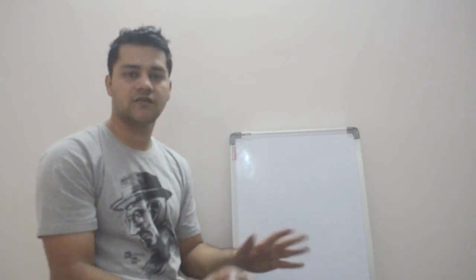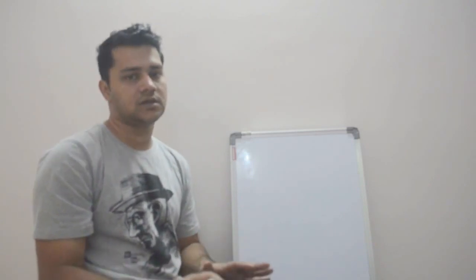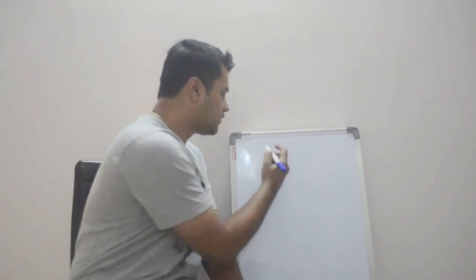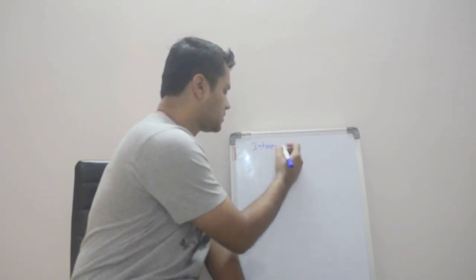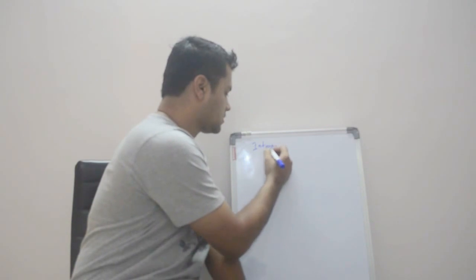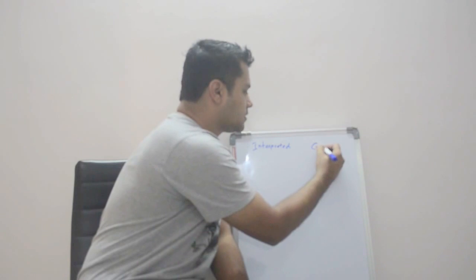So I'll simply explain the difference between an interpreted language and a compiled language. There are two kinds of languages. One is interpreted and one is compiled.